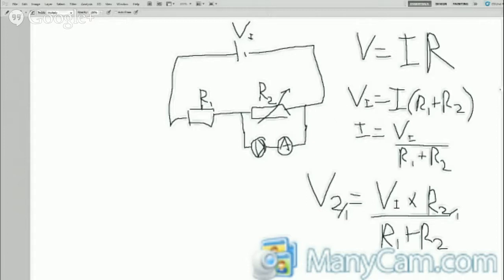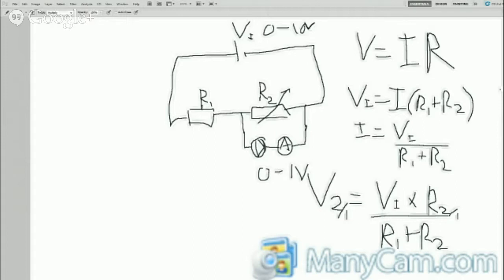Another nice use might be our voltage input might be coming from a sensor, for example. And our sensor might put out something in the range of 0 to 10 volts. So this might be sensing the temperature and turning that temperature into a voltage value. And we want to record that by feeding that into a data logger, but our data logger only reads from 0 to 1 volt.